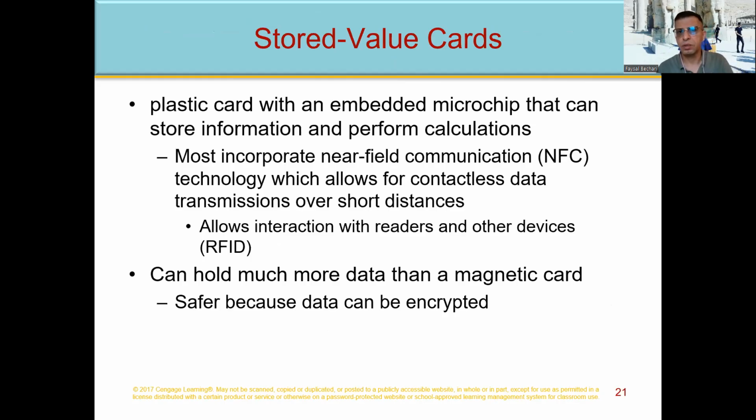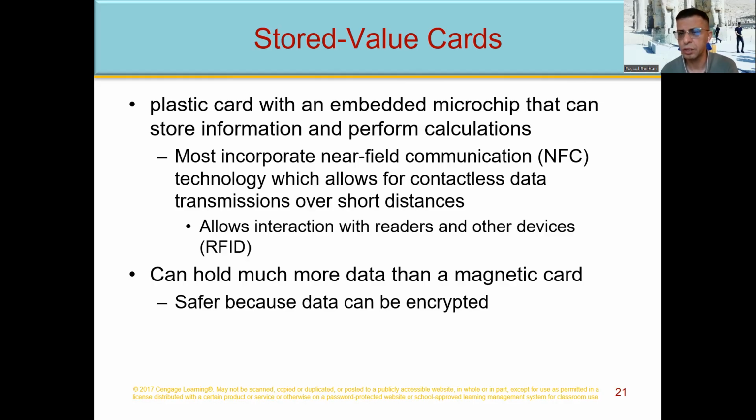There is another one called the stored value card. The stored value card is another plastic card with an embedded microchip that can store information and perform calculations. We do have microchips now on most of the cards. Most incorporate NFC.